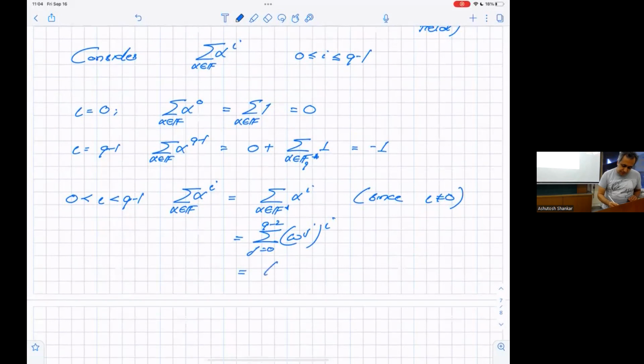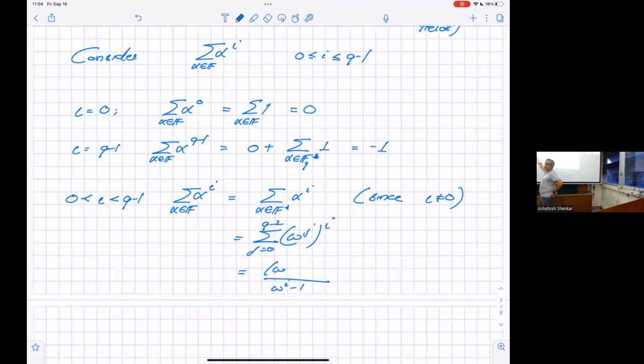So first we have to check that the denominator is not 0. The denominator is omega to the power i minus 1, and that is not 0 because i is not 0 or q minus 1.